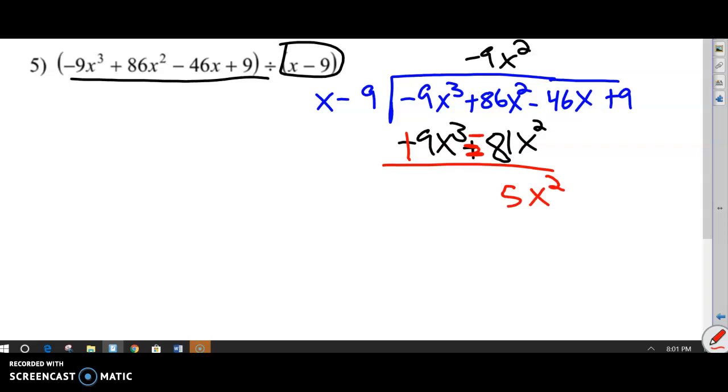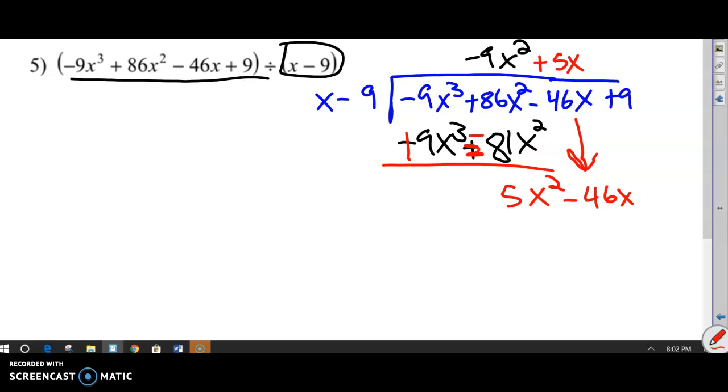Alright, so I have two terms in my divisor. I need to divide it into two terms, so I'm going to bring this minus 46x right on down. Now, what multiplies by x to get us 5x squared? You say, simple, dummy. It is plus 5x.